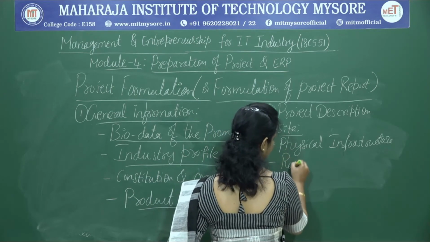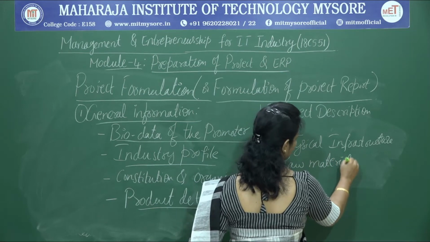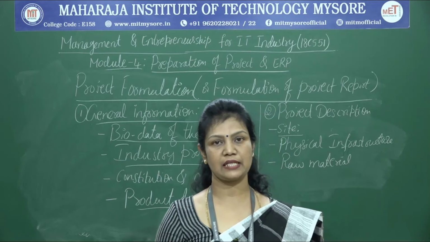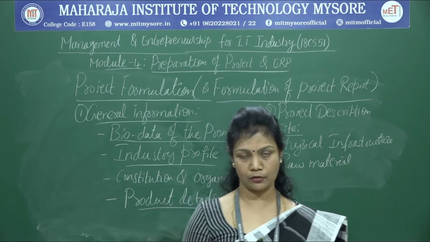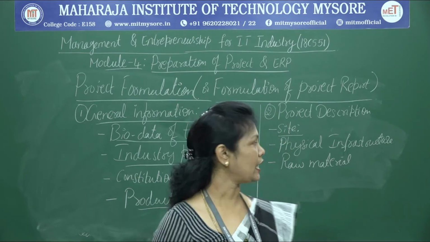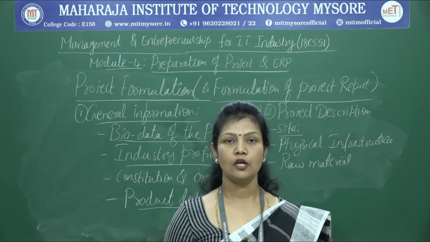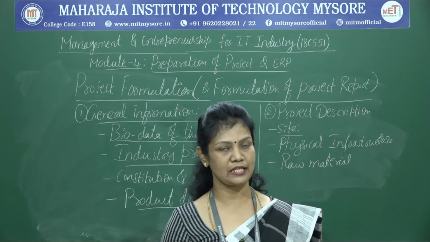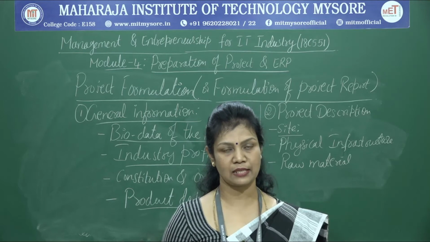Then followed by the raw materials. Here they need to mention what are the different types of raw materials they are in need of in order to carry out the production process in order to generate a new product for society, and what is the quantity and quality of the raw material they are in need of, who are the suppliers who are going to supply the required raw materials, and what could be the estimated cost for the supply.